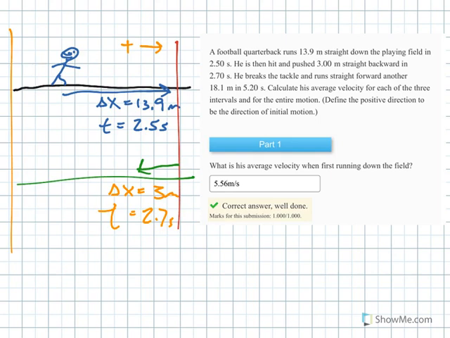Okay, then we could even draw him right here if we want to. Getting pushed back. Yikes. What are you going to do? And there's this big brute pushing him back here. Football, yeah. Okay, then the last part of the problem. He is going to break free. Because he's like right here right now. And run forward another 18.1 meters.